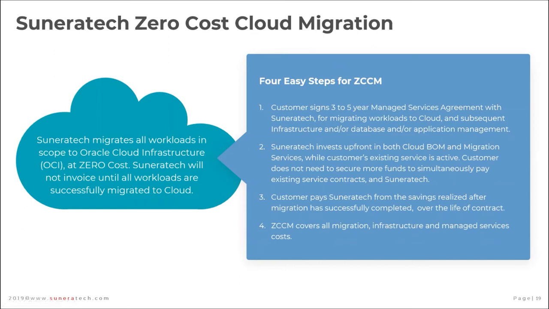In Zero Cost Cloud Migration, we work with the cloud provider. We procure all the cloud infrastructure on behalf of the customers. We migrate all the applications, irrespective of whether it's going to take 3, 6, or 9 months, or even longer. But we will not invoice the customer during the migration. So they will not see that bubble.